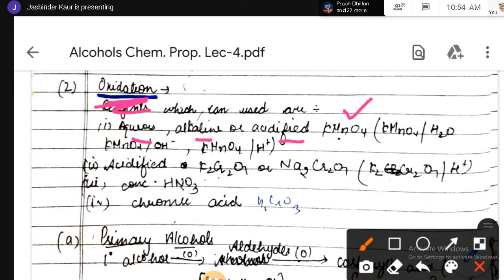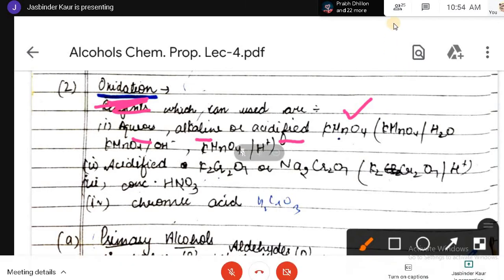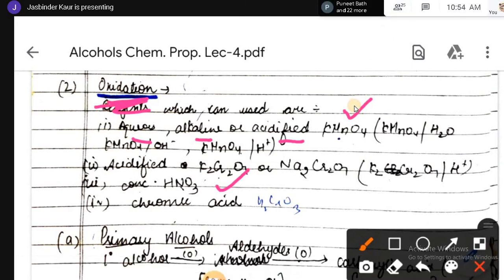And second is potassium dichromate in acidified, that is in acidic medium, or sodium dichromate in acidic medium. Then next is concentrated nitric acid, and last is chromic acid. So there are different reagents by which oxidation of alcohols can be done. Generally we use the first two reagents to oxidize the alcohol.